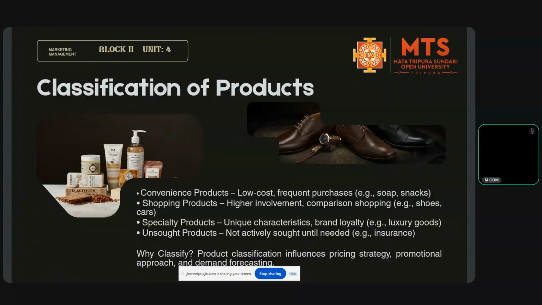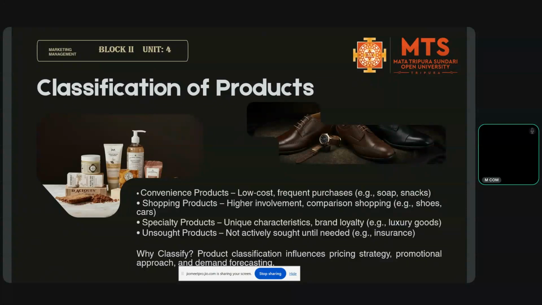Comparison shopping: in this shopping, we compare different similar products, like comparing shoes of different companies and buying a particular brand. Or if you want to purchase a Tata car, first of all you have to look into the market at the different companies' cars in the particular range, and from that choose the best one.